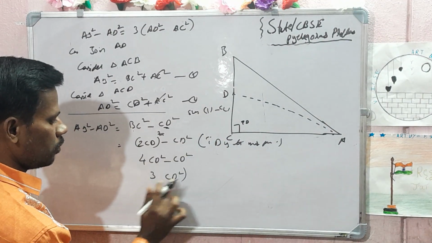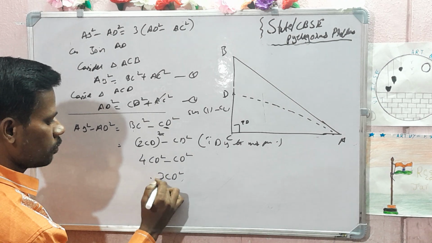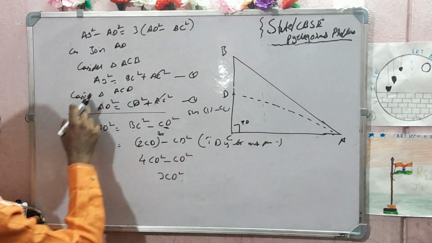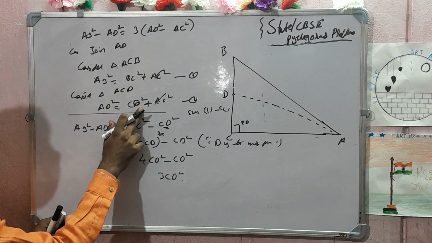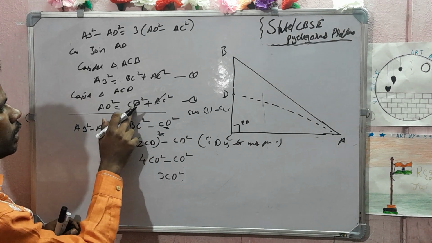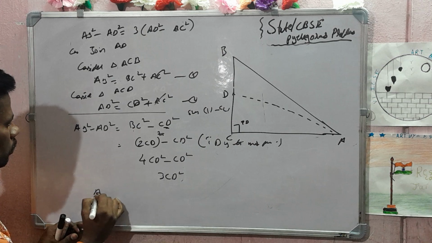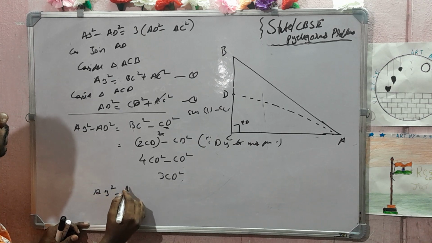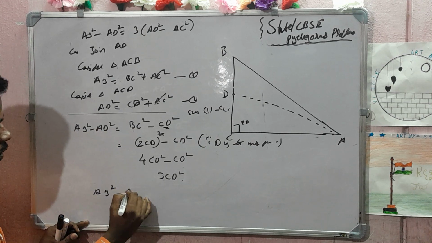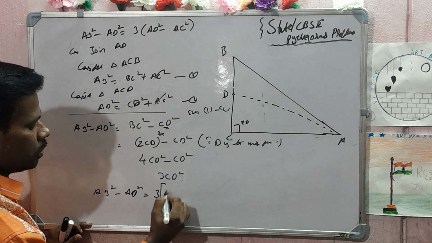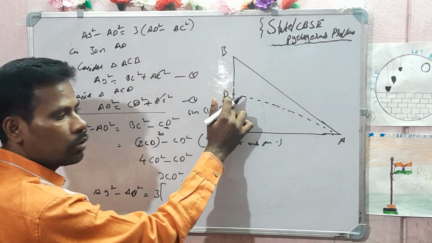Now you see here CD square. How will you get CD square? Already we have CD square here. Just AD square minus AC square. AB square minus AD square, write this as it is, is equal to 3 times CD square. How will you get this one?